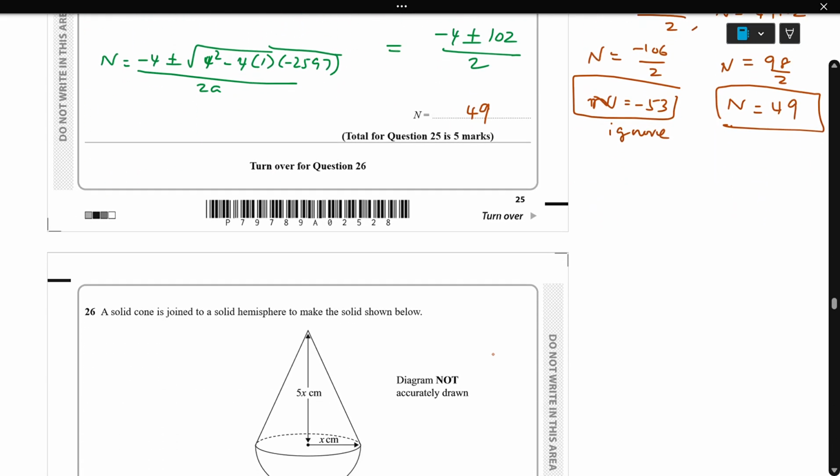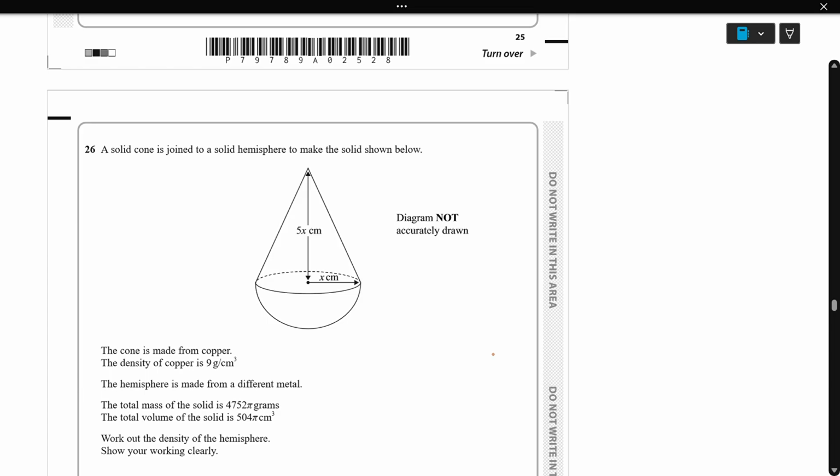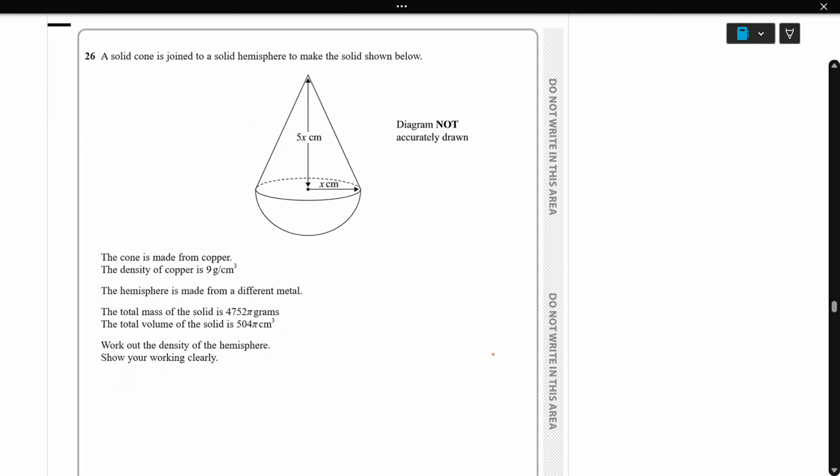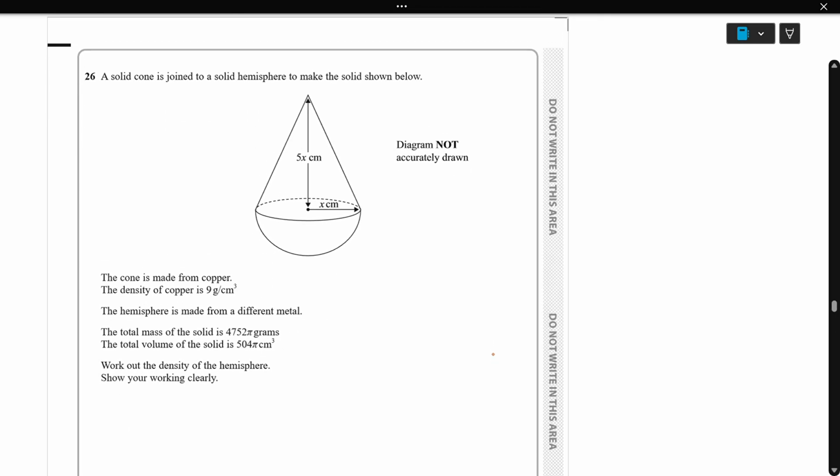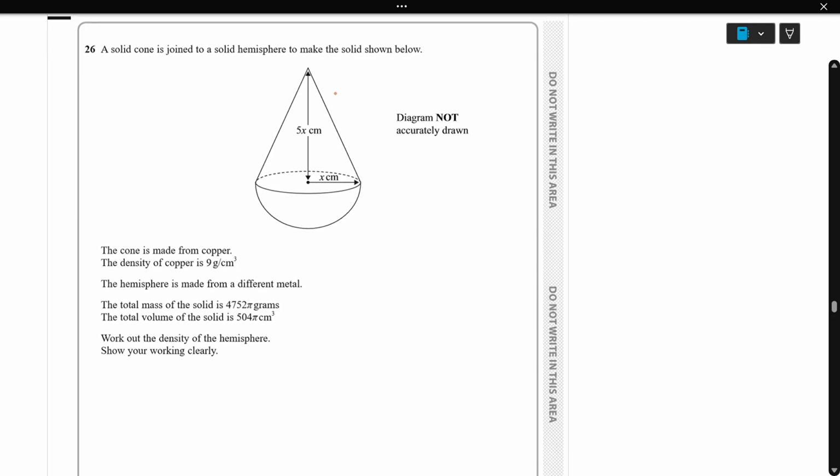Okay, so the next question, number 26. Here there is a shape where a cone and a hemisphere are connected. A solid cone is joined to a solid hemisphere to make the solid shown below.